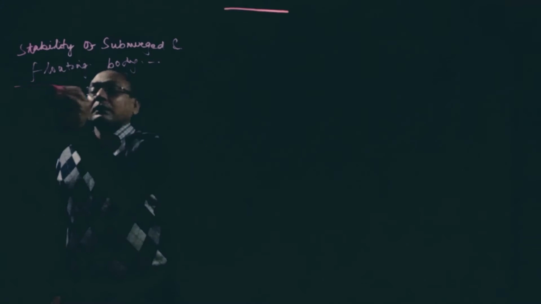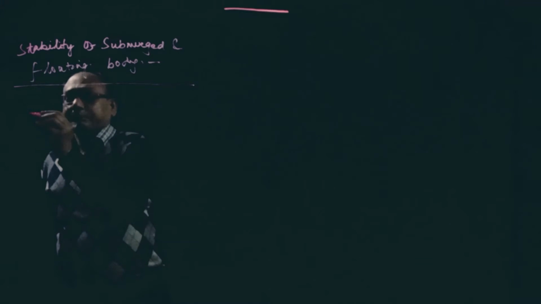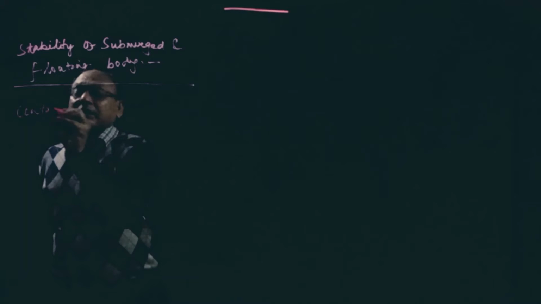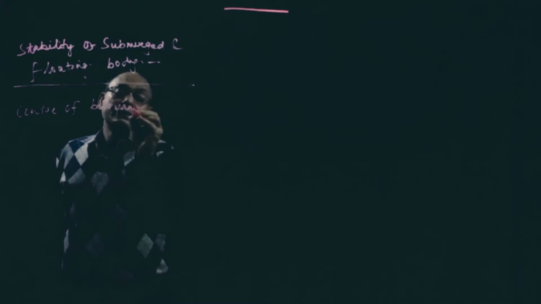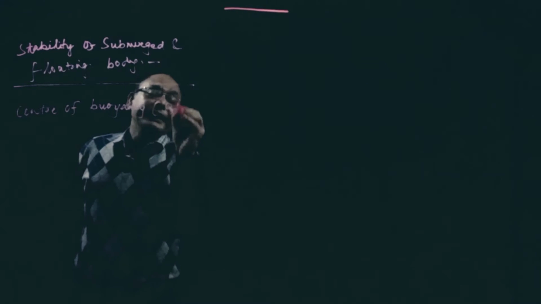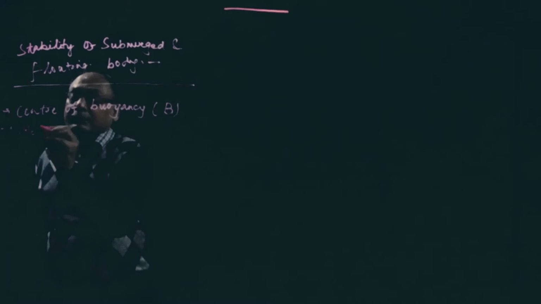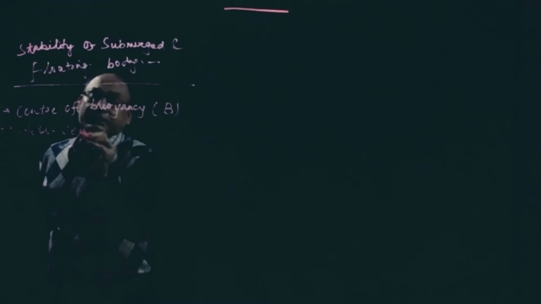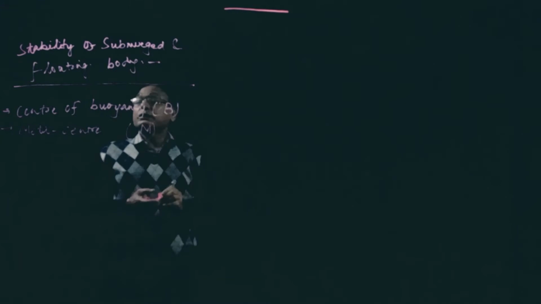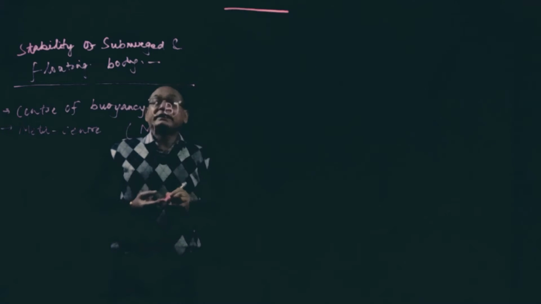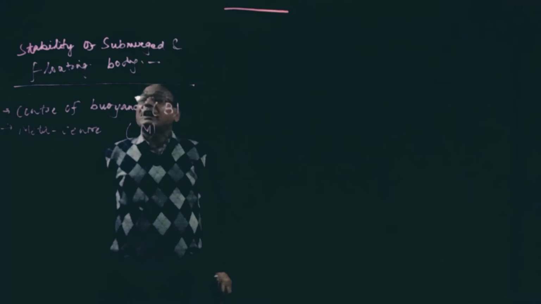So, in the last lecture, we have discussed two things. One is center of buoyancy, denoted by letter B. Another was metacenter, denoted by M. So these are the two criteria to give the stability of the submerged and floating body.